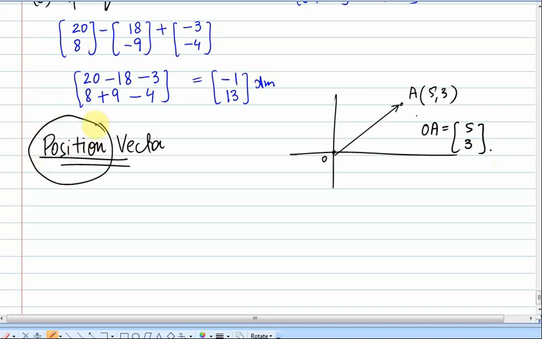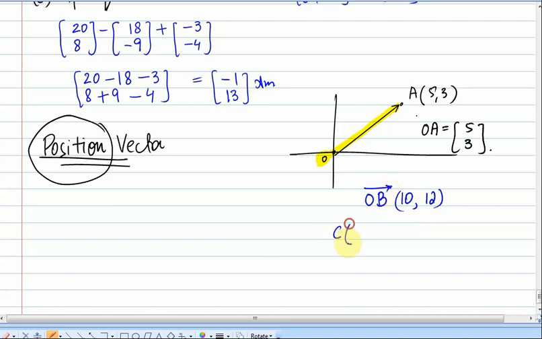It says that by default all of your vectors are positioned from the origin, right? Let's suppose a point B has coordinates (10, 12). In terms of vector, I will say that it's vector OB and the coordinates are 10, 12.